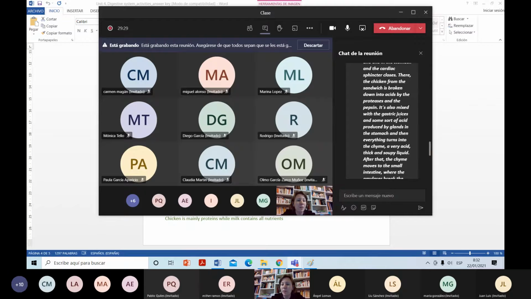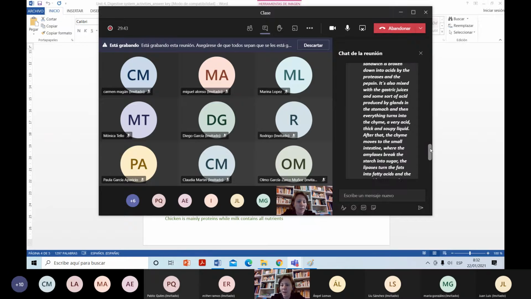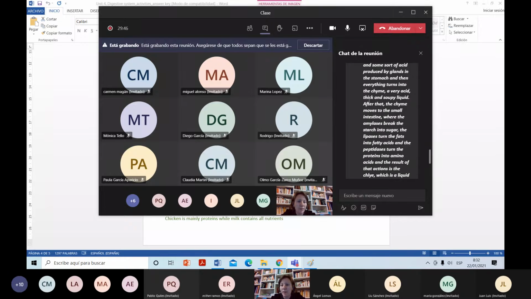And you would also say that these gastric juices contain a type of acid that turns everything into the chyme. Perfect. We've got the explanation on what the chyme is there, and then after that the chyme moves to the small intestine.